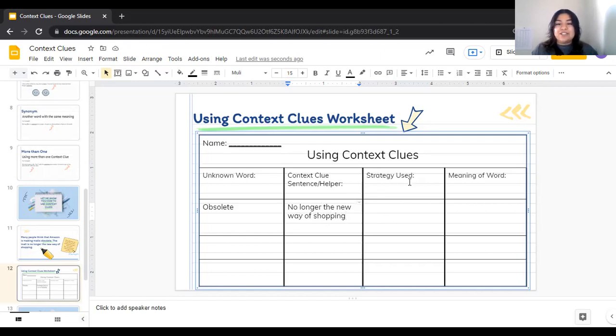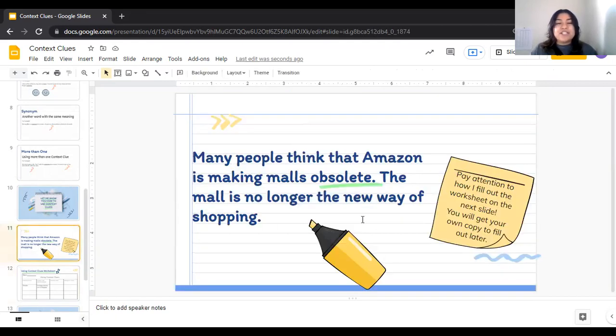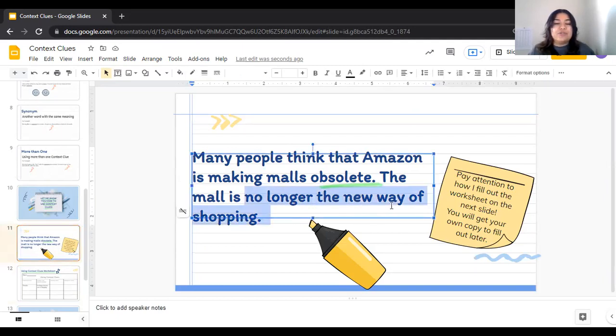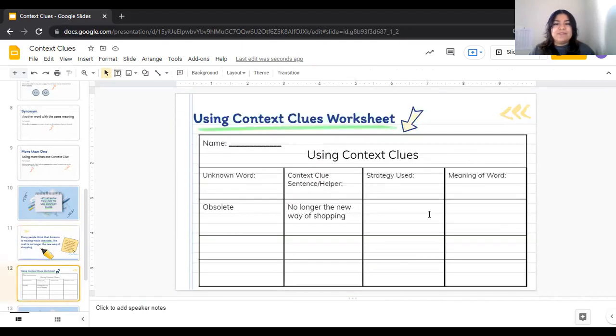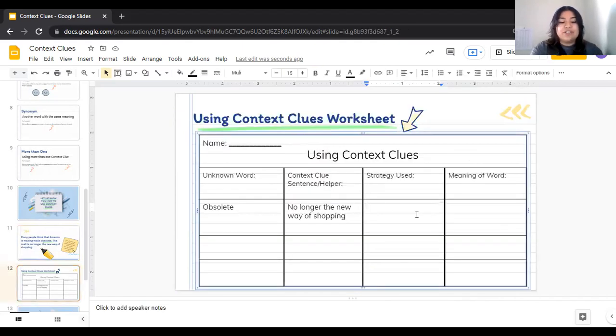And now the next column, it says strategy used. So personally, I believe the strategy I want to use for this is an inference. Why? Because based off of this sentence here that says no longer the new way of shopping, I can make an educated guess and say that obsolete probably means something that is not new or outdated, right? So here in the strategy used column, I want you to write down inference, or the strategy used, of course.